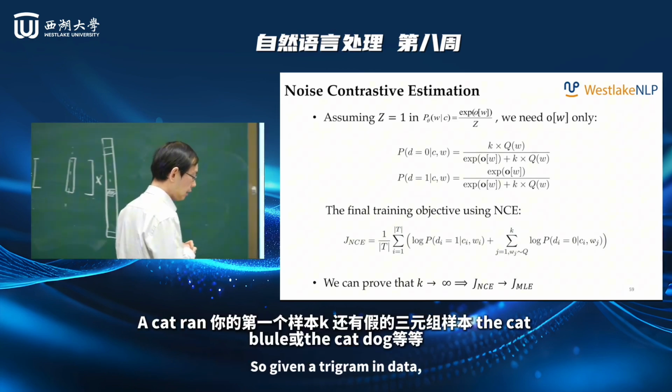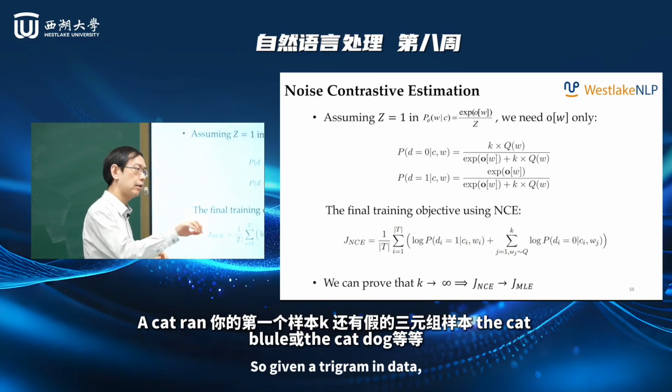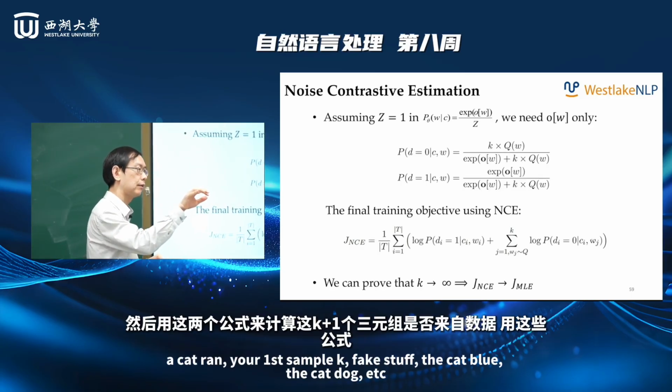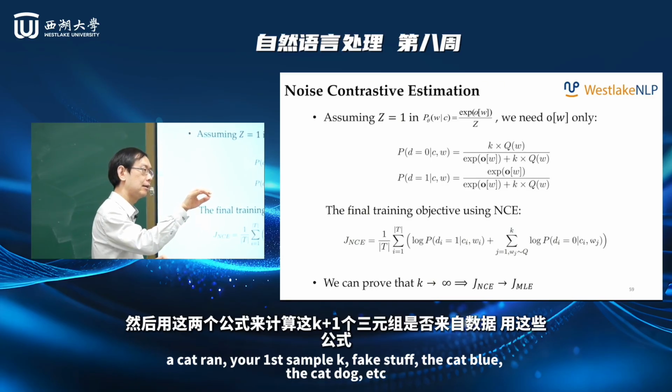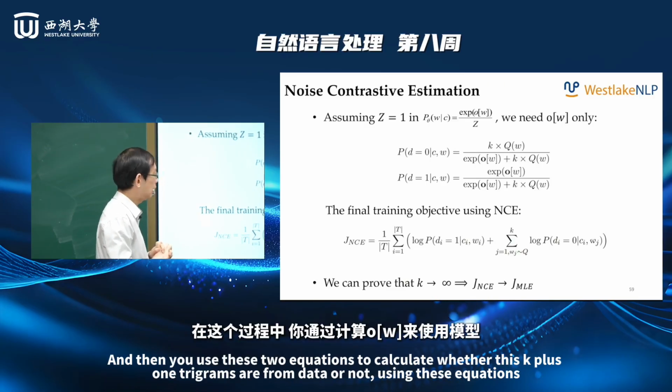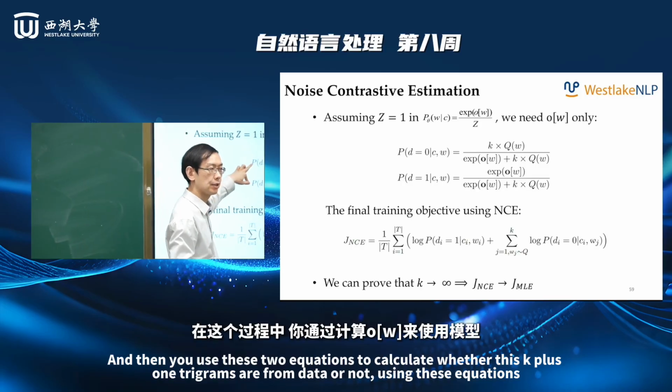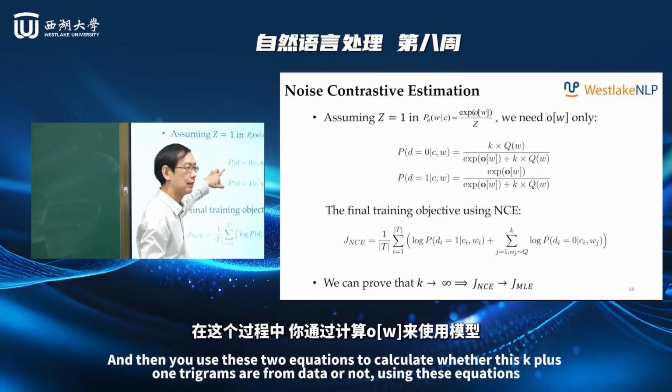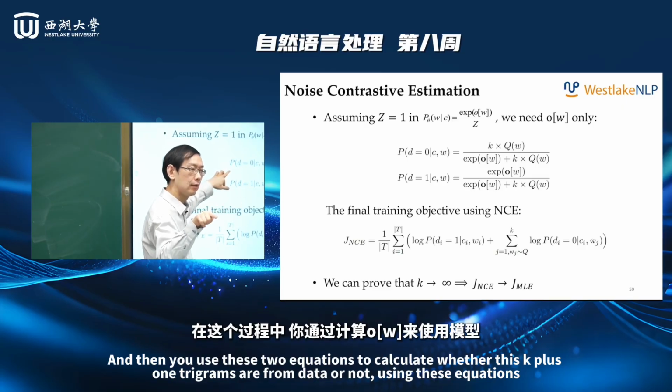So let me repeat myself. Given a trigram in data, the cat ran, okay? You first sample K fake stuff, the cat blue, the cat dog, etc. Okay? And then you use these two equations to calculate whether these K plus 1 trigrams are from data or not, using these equations, right?